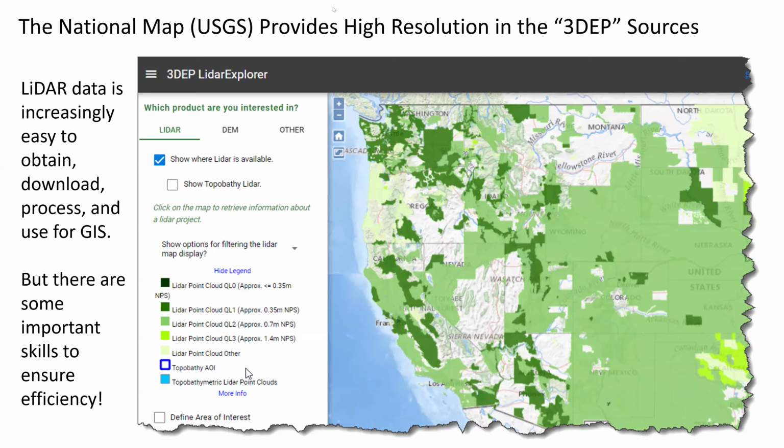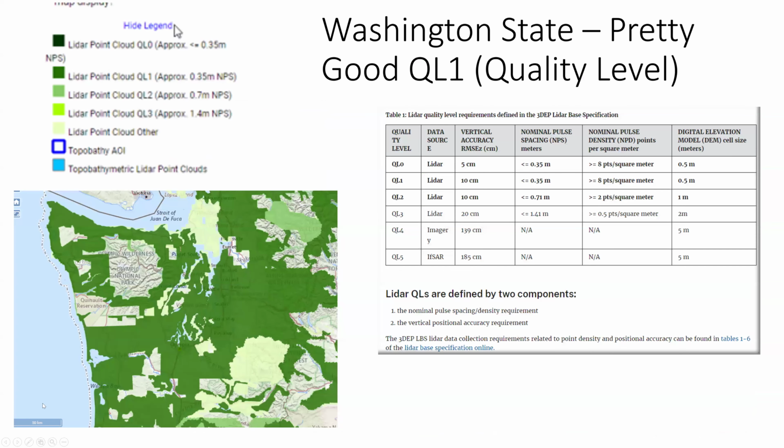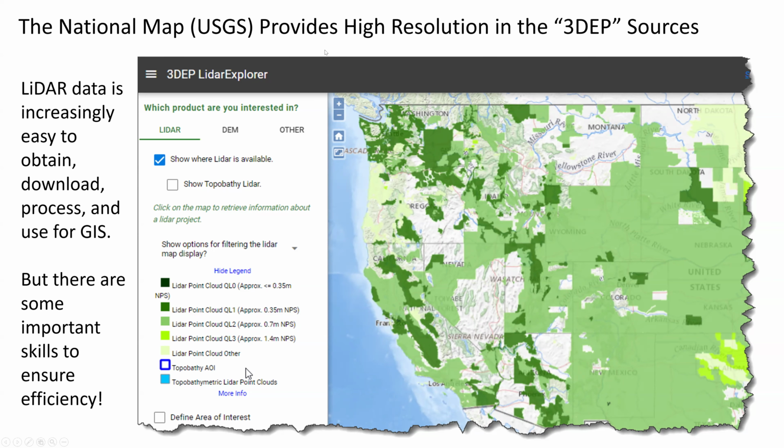And this says up here, oops, sorry. Provides high resolution in the 3D sources. So you can see here, we've got different quality levels, QL1, QL2, QL3. As these things evolve, we start to prize apart which ones are best for different uses.